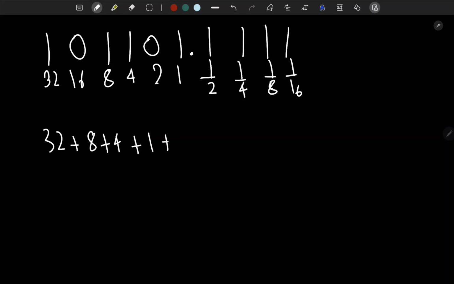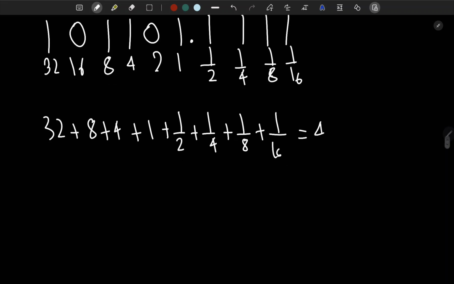And now on the right hand side after the dot is going to be all of them, which is 1 over 2 plus 1 over 4 plus 1 over 8 plus 1 over 16. And the final answer is 45.3125.